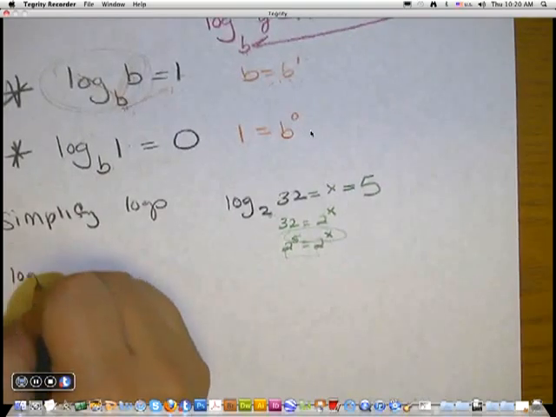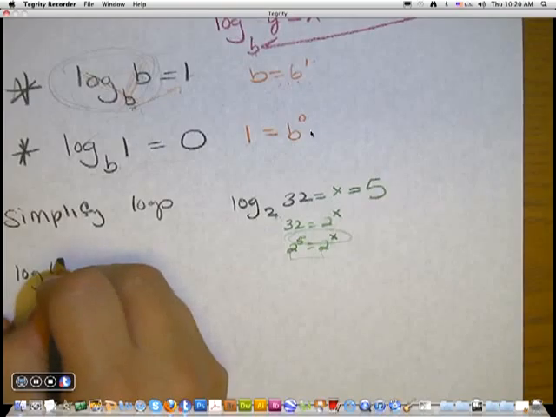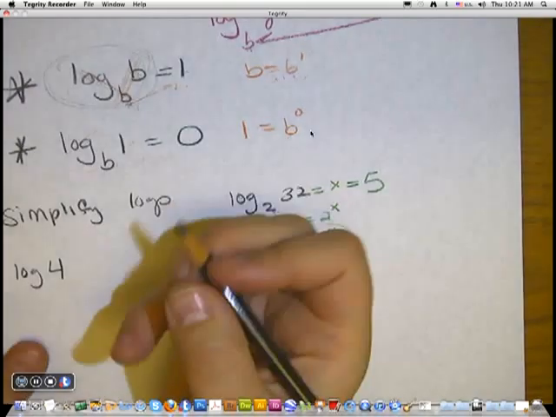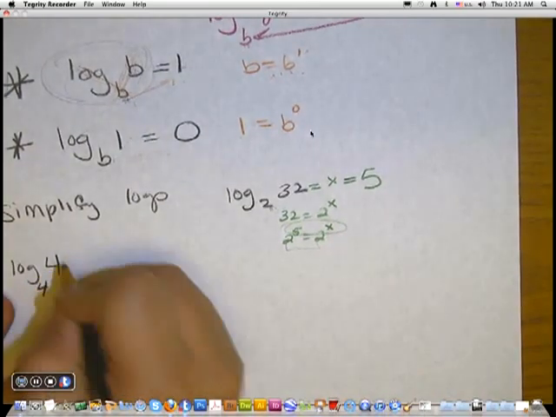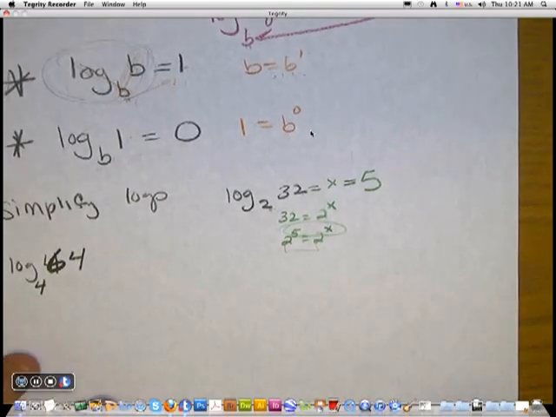So let's look at a few more. Log base 4 of 64.